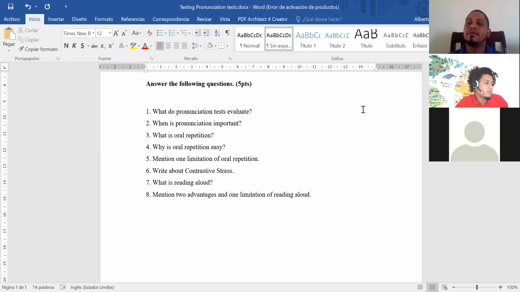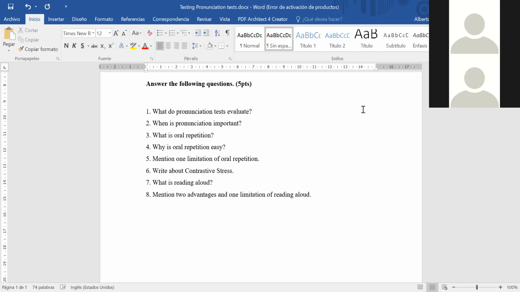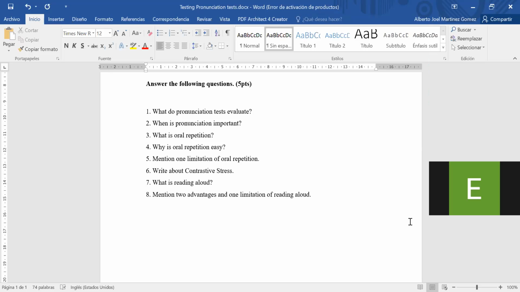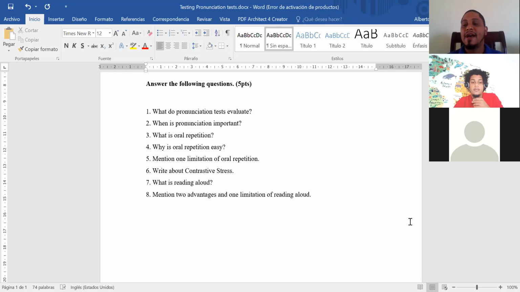It also has an advantage: for students who are not literate, reading skill is not mixed with pronunciation skills. Okay, very good.